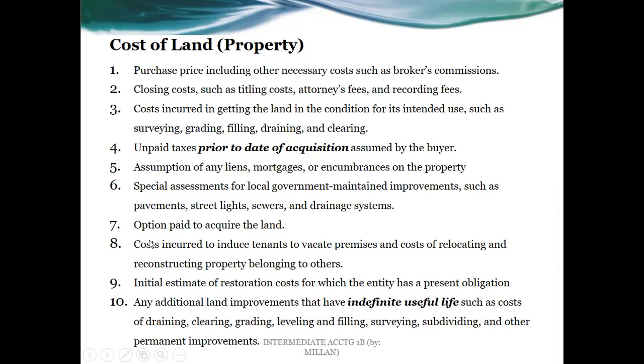Then number 8, costs incurred to induce tenants to vacate premises and cost of relocating and reconstructing property belonging to others.